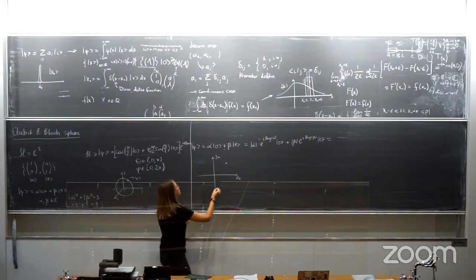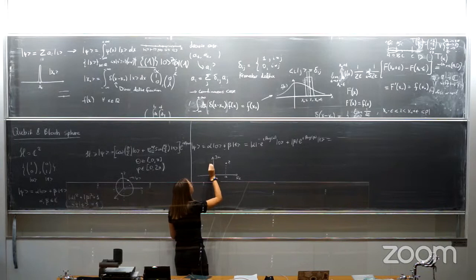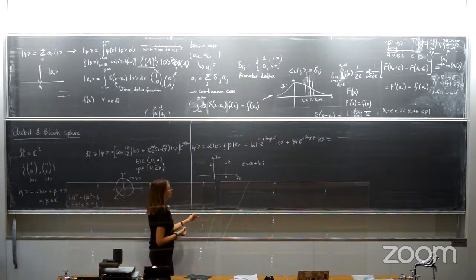So let's say this is Z, this is A, this is B. So Z is A plus Bi. How can we represent Z?